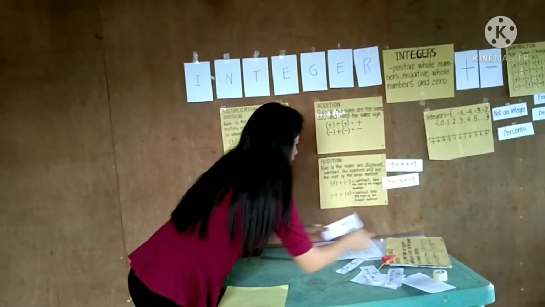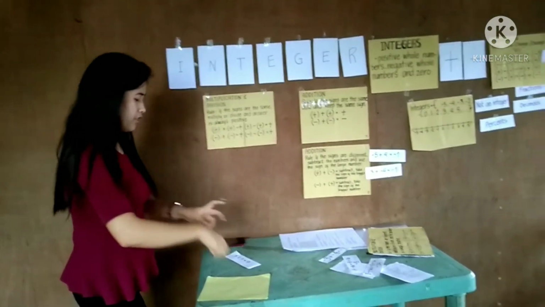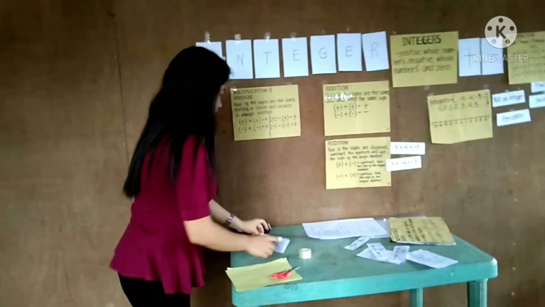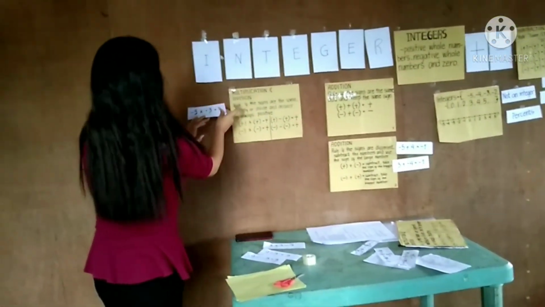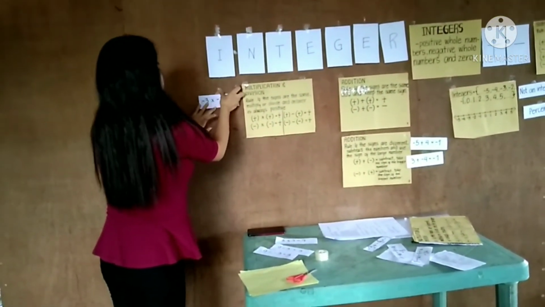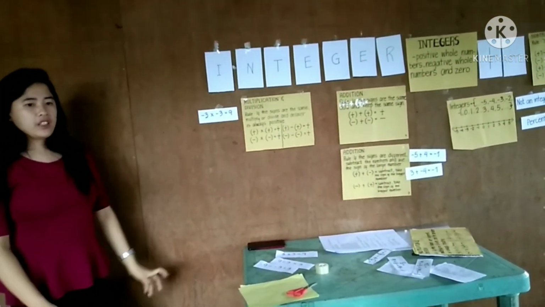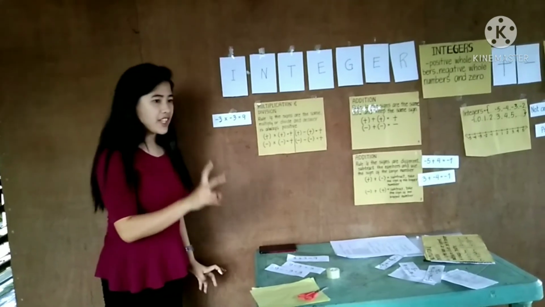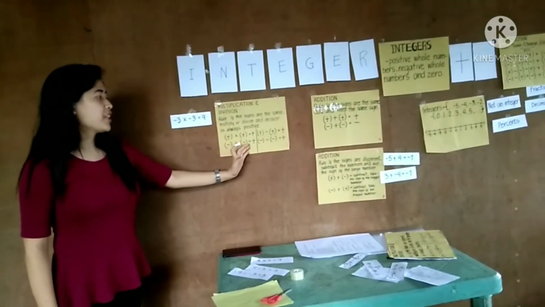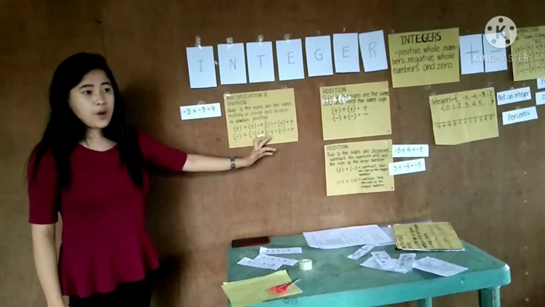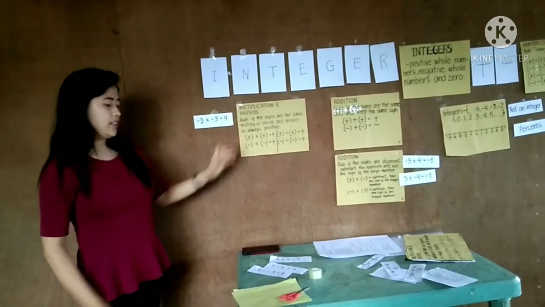So, for example, let's have negative 3 times negative 3. 3 times 3 is 9. Then negative, kung negative, i-multiply niyo sa negative, the answer is positive. So the answer is positive 9 or 9.